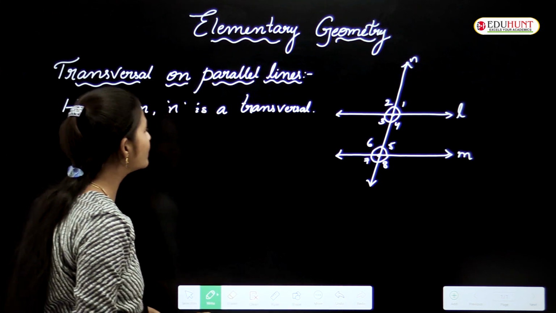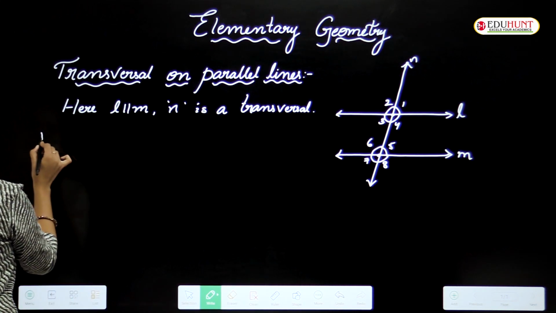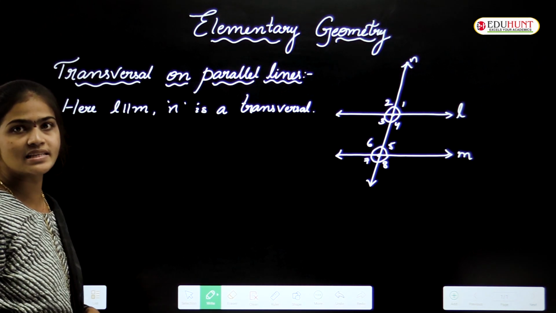So here the first point is, L is parallel to M and N is a transversal.